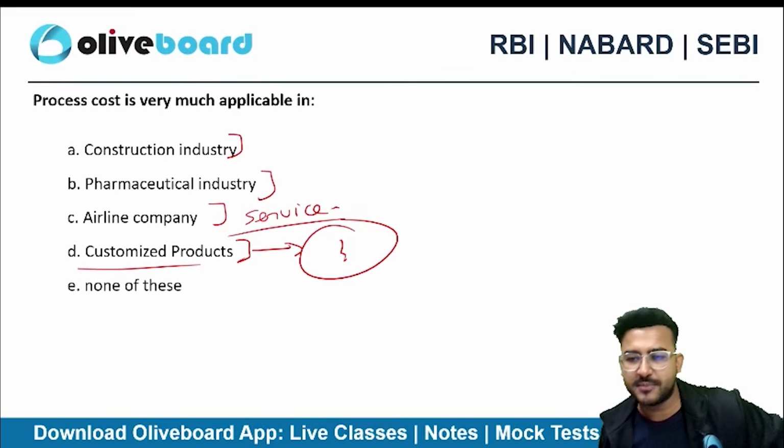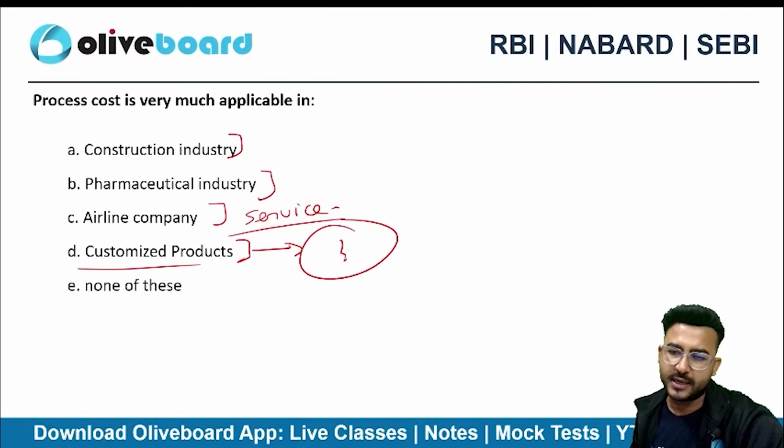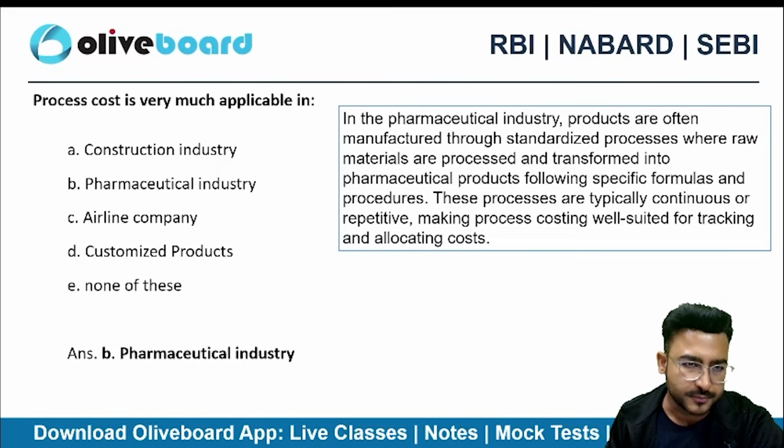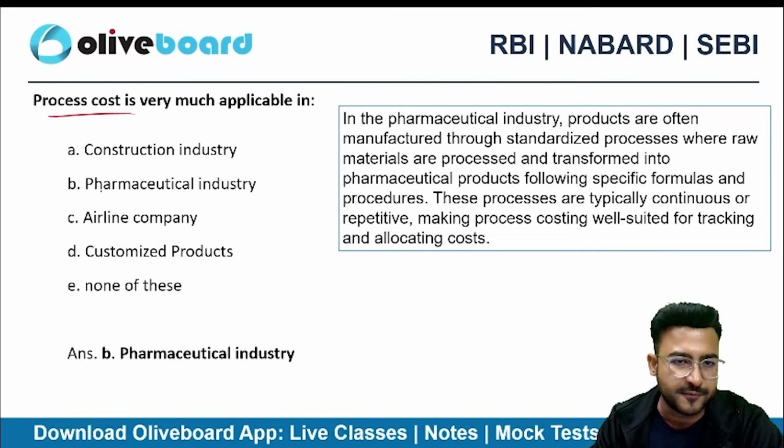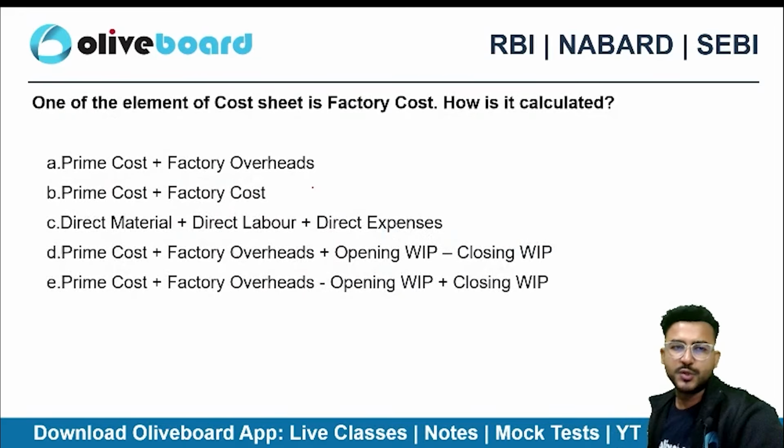Yes, for customized products, I use job costing, right? I use job costing. So for process costing, pharma industry is the best suited here.